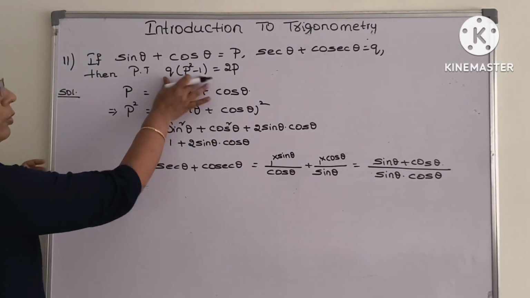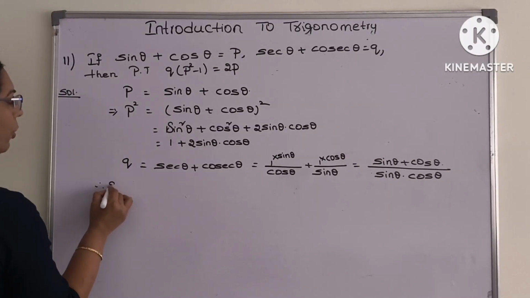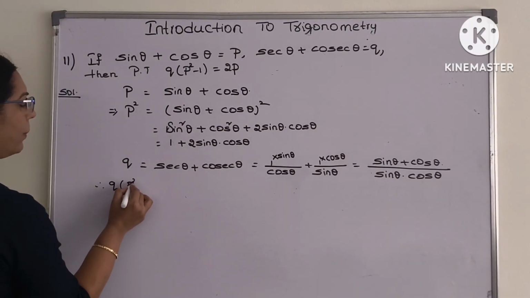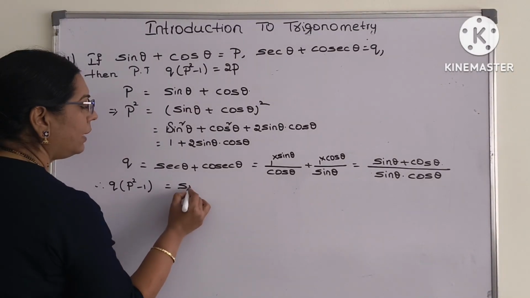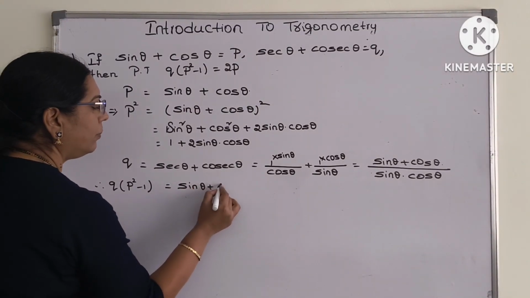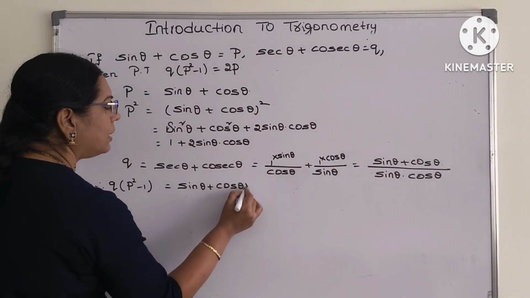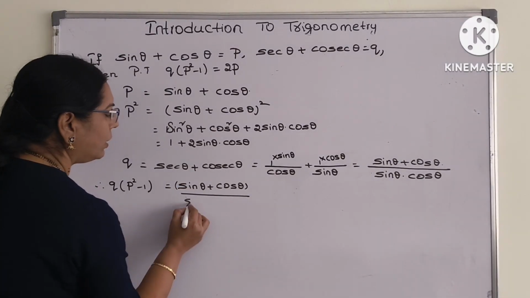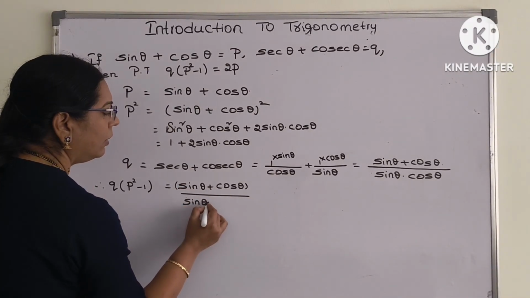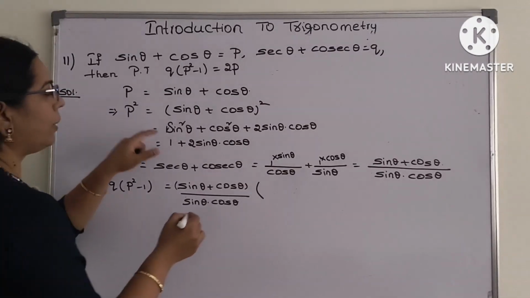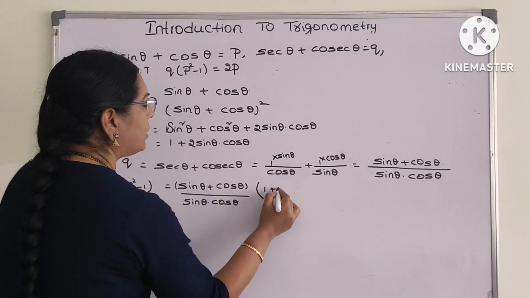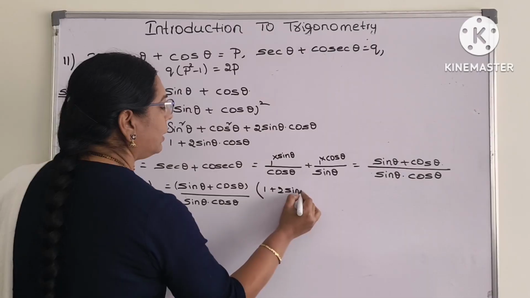Now we have to prove this term. Therefore, Q into (P square minus 1). What is Q? Q is sin theta plus cos theta, keep this in a bracket, divided by sin theta into cos theta. What is P square? P square is 1 plus 2 sin theta cos theta.